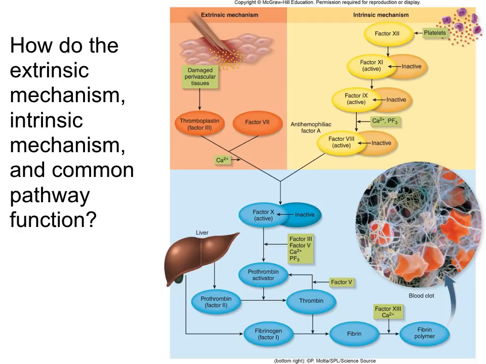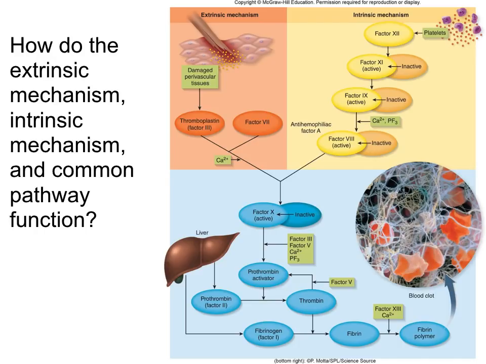So what that means is that damaged tissue, either damaged tissue in the blood vessel wall or damaged tissue outside the blood vessel, so damage to your epidermis or to adipose tissue, some other tissue, the damage here is going to cause them to make tissue thromboplastin. The tissue thromboplastin then diffuses into your blood.